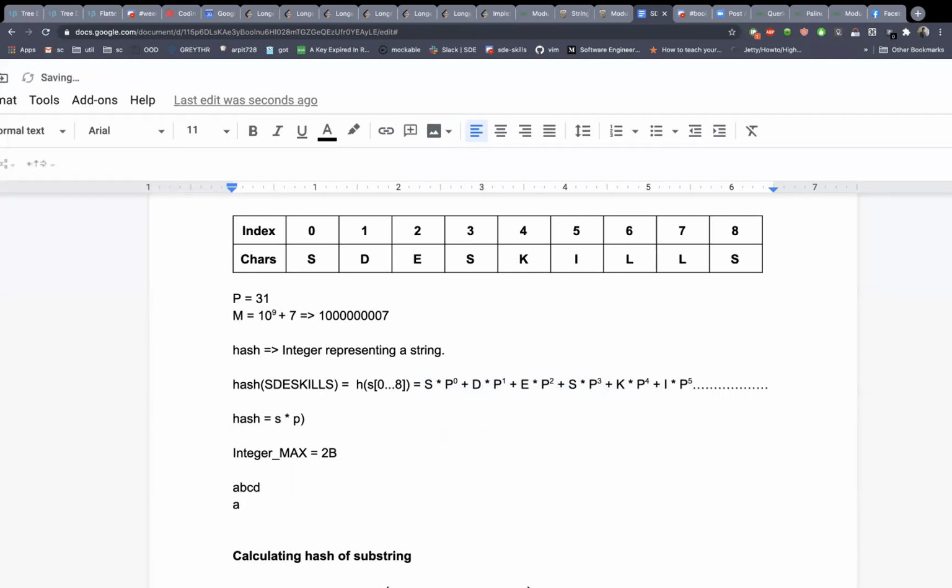So I'll have A into P0 modulo of M plus B into P1 modulo of M plus so on. And we take the overall modulo.